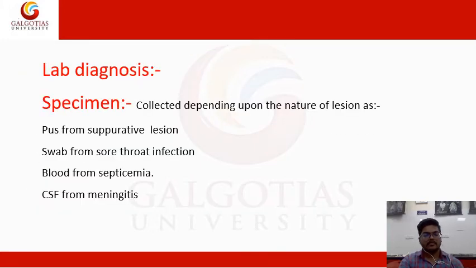Now the lab diagnosis for Streptococcus. The specimen collected depends upon the nature of the lesion: pus from suppurative lesions, swab from sore throat infection, blood from septicemia, and CSF from meningitis.